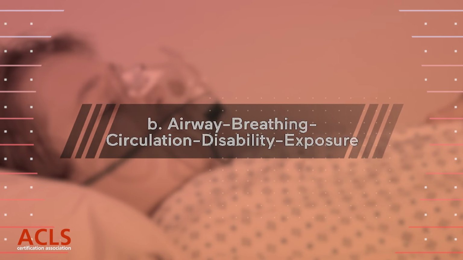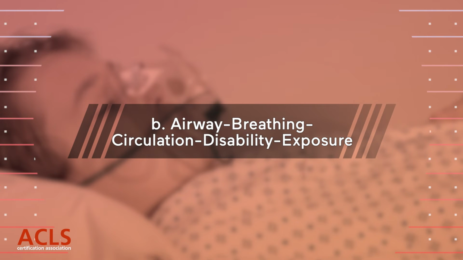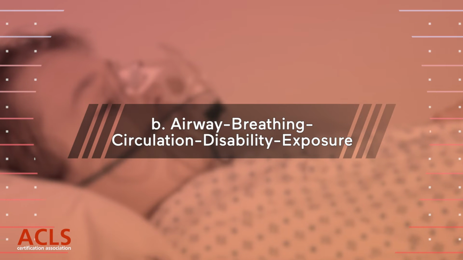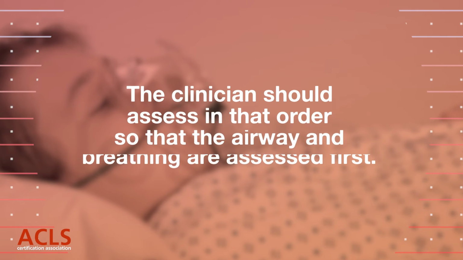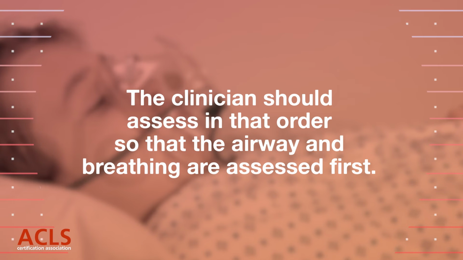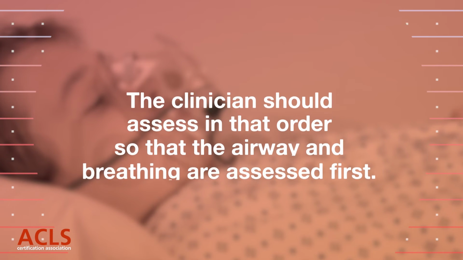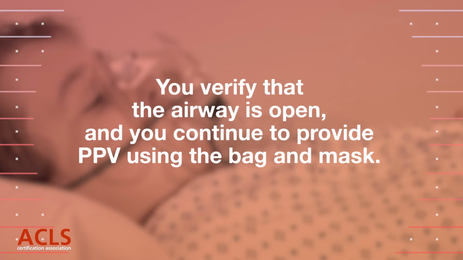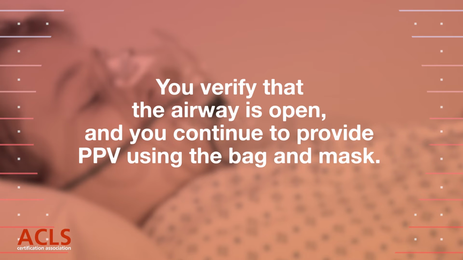Correct answer B. Airway, breathing, circulation, disability, exposure. The clinician should assess in that order so that the airway and breathing are assessed first. You verify that the airway is open and you continue to provide PPV using the bag and mask.